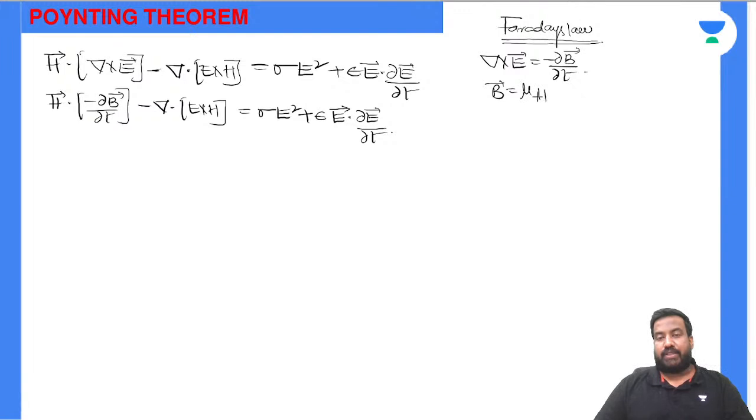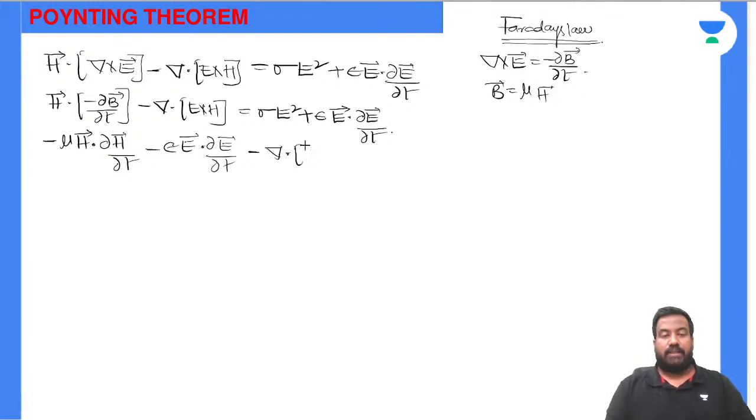You can write B as mu H. So this is minus mu H dot dou H by dou T, bringing this minus epsilon E dot dou E by dou T minus del dot E cross H is equal to sigma E square.